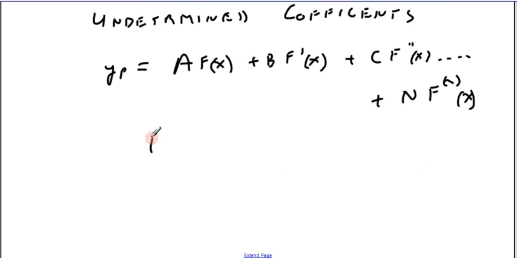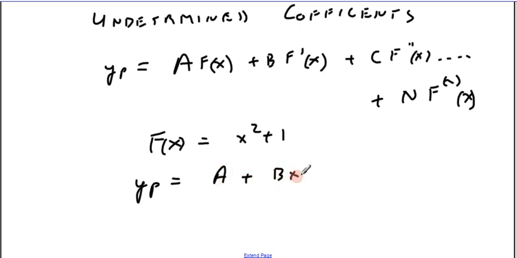So if my f of x is x squared plus 1, then my y sub p would be a plus bx plus cx squared. Unless there was something else going on that we don't know about, and we'll get to that when we do.